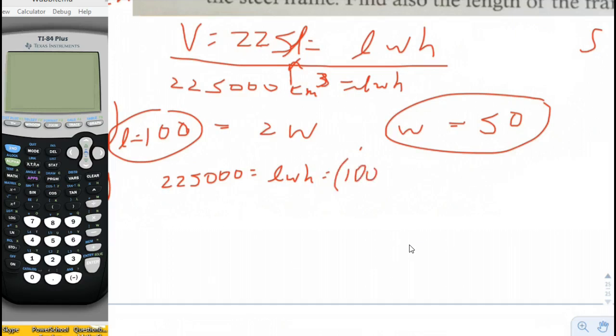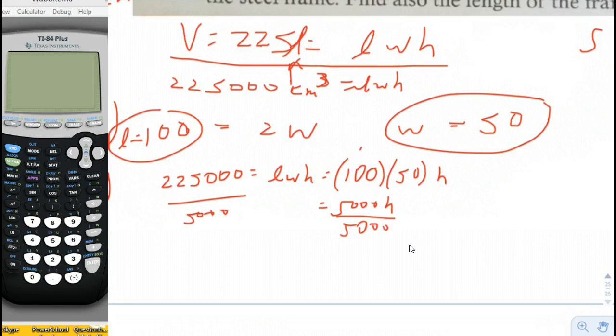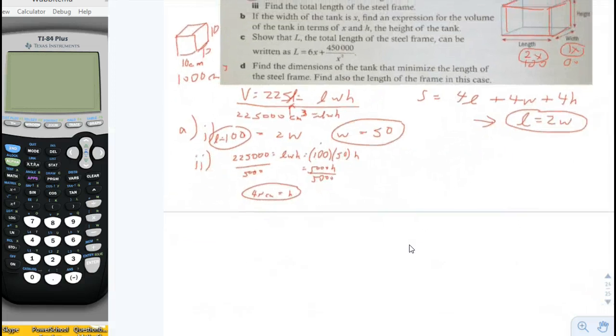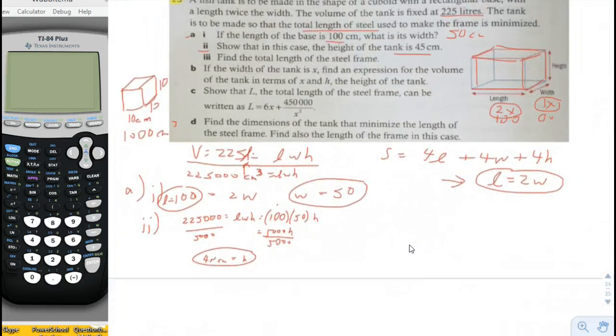Length is 100, width is 50, and then we have height. So this is equal to 5,000 times height. And then we can divide both sides by 5,000. And that will give us 45 centimeters equals height. Okay, and that was the answer to 2, show that the height of the tank is 45 centimeters.